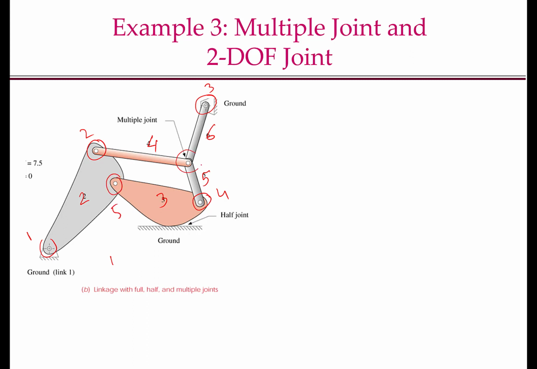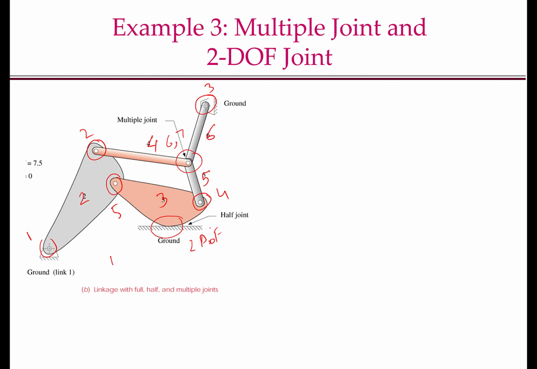We have a multiple joint here, and there are 3 links, so this will count as 2. So 6, 7. So we have 7 1 degree of freedom joints. How many 2 degrees of freedom joints do we have? This joint here is a 2 DOF joint, or 2 degree of freedom joint.